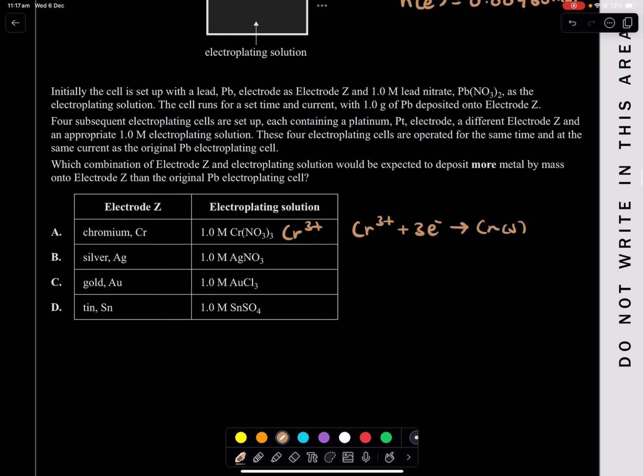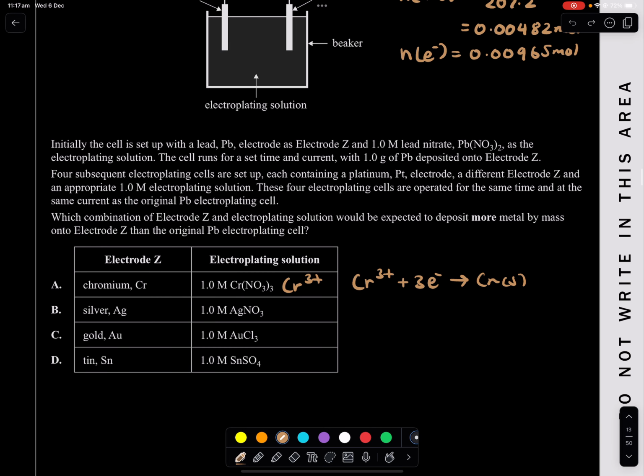So we have the number of electrons, and we want to calculate the mole of Cr, which is going to be the number of moles of electrons times 1/3. That gives me 0.003217 mole.